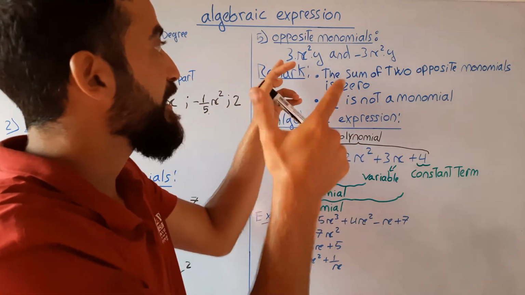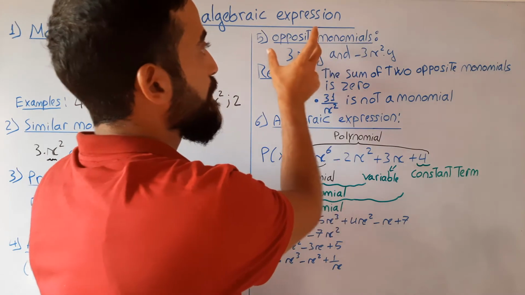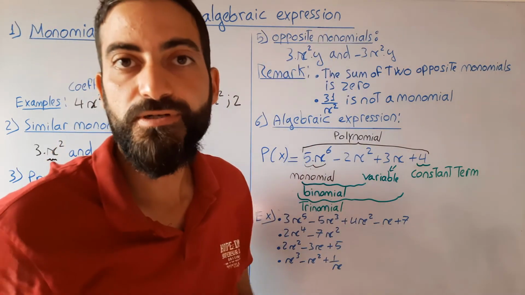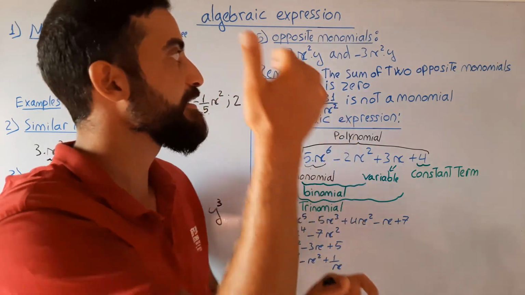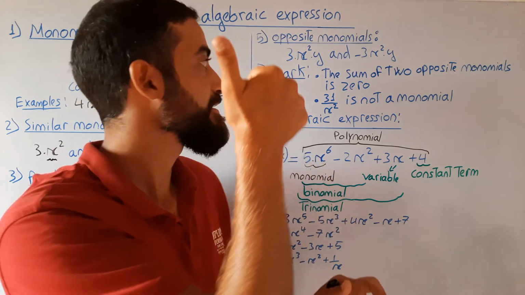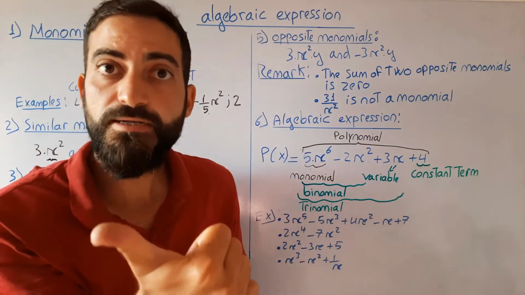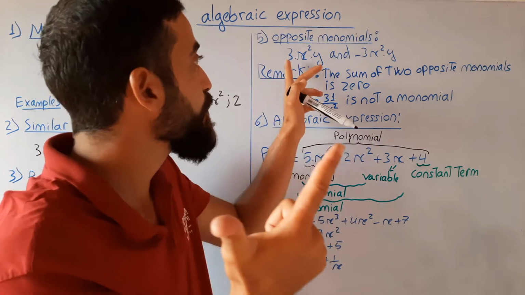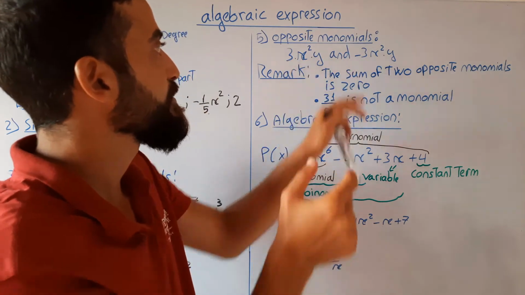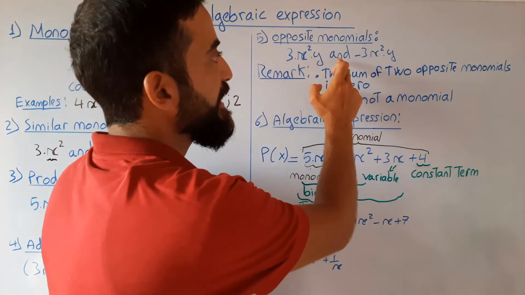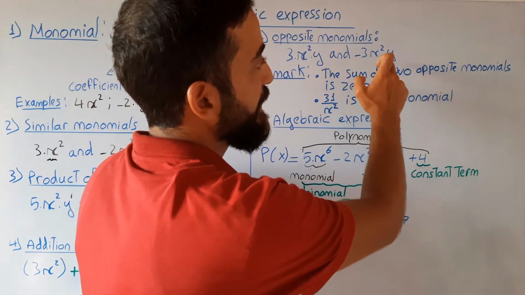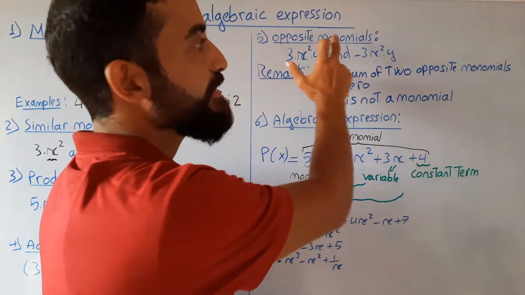So the two monomials are opposite monomials. So 3x²y and minus 3x²y are opposite monomials.